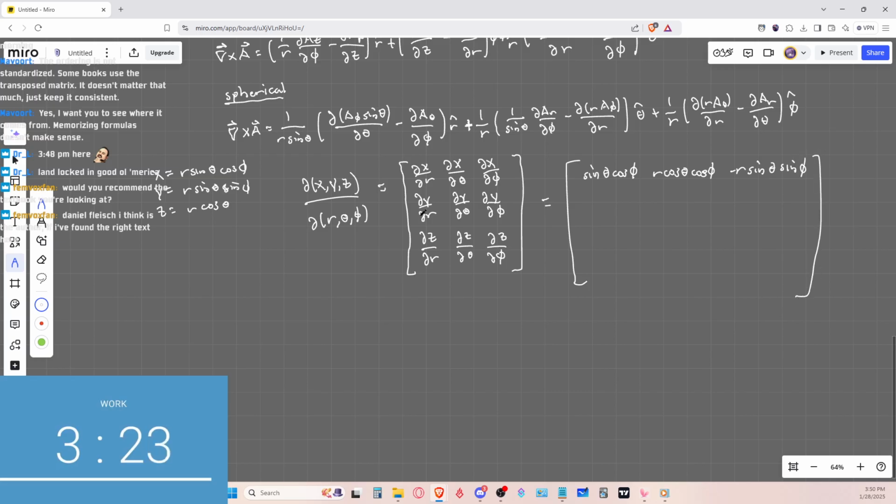Okay. So then next we go with y. And then obviously y will be the same here. Sine of theta. Okay. So then that would be of theta, right? Yeah, it's theta.